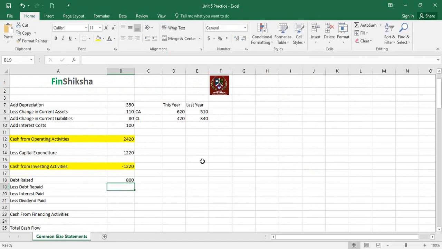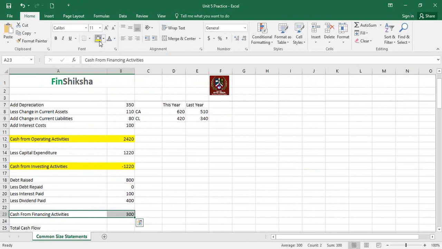So that's plus. Any debt repaid, that's 0. Less interest paid. Interest paid is the same that we added there. So interest cost was 100. Less dividend paid. Dividend paid was 400. The formula would be 800 minus 0 minus 100 minus 400. That's cash from financing activity net of 300.